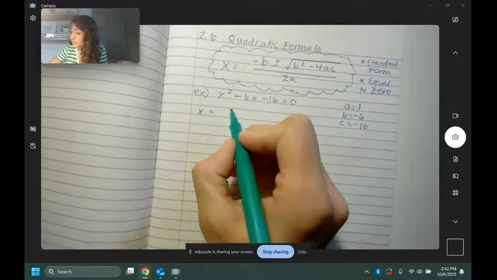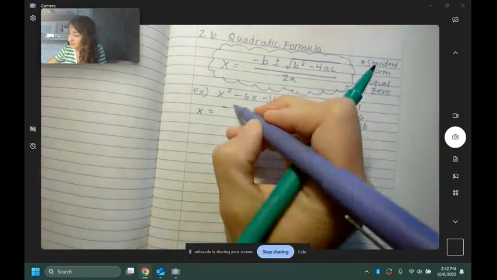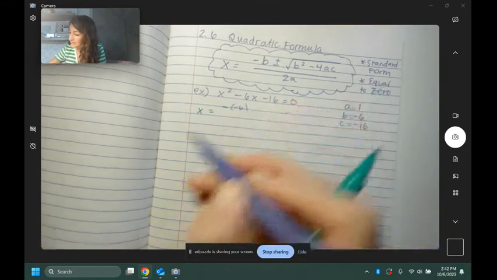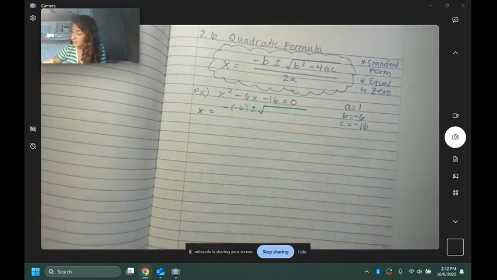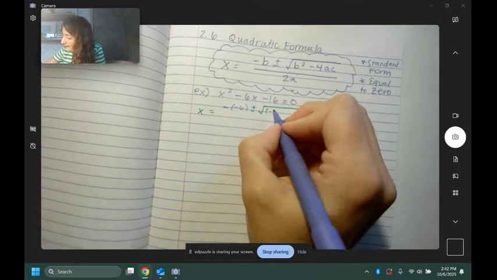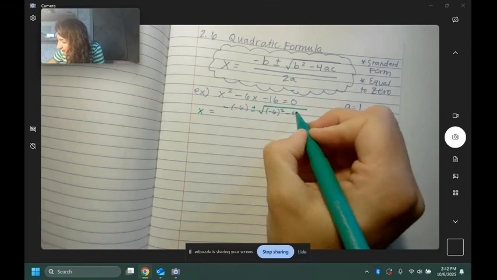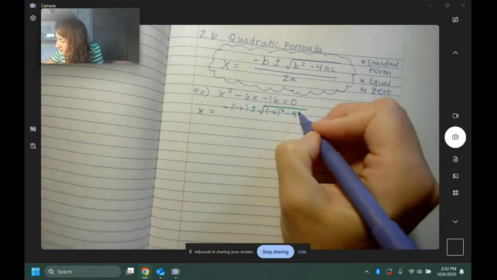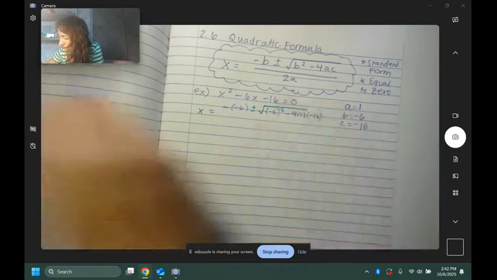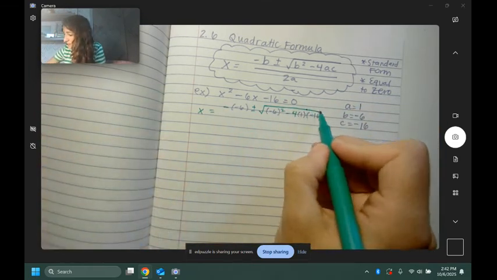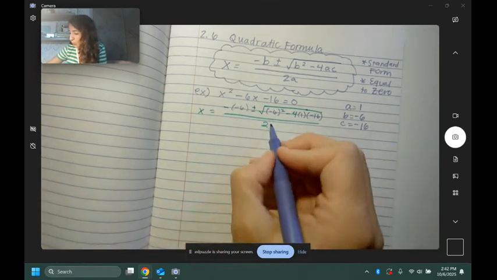x equals negative 6 plus or minus the square root of negative 6 squared minus 4 times 1 times negative 16, all over 2 times 1.